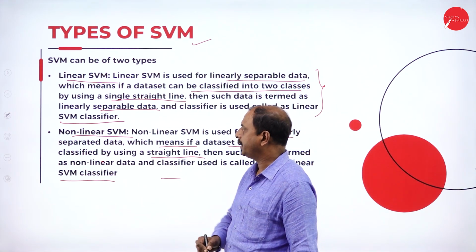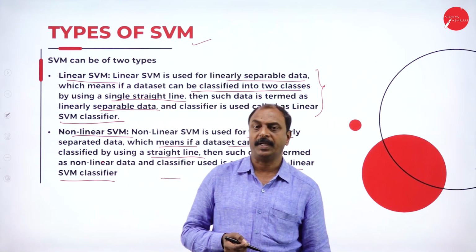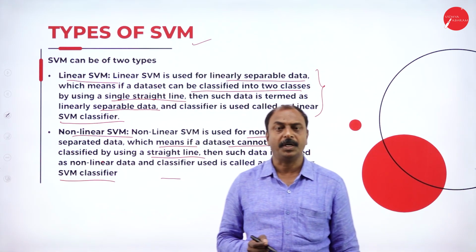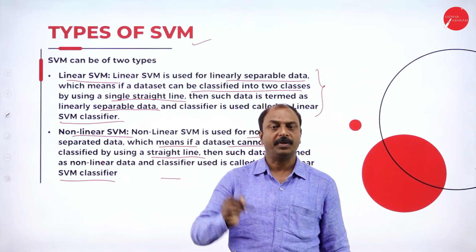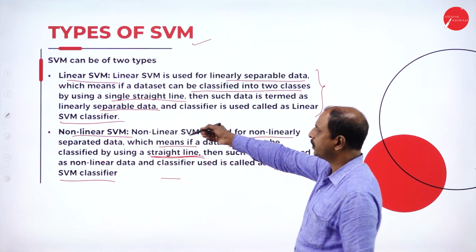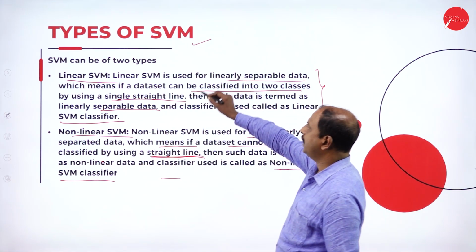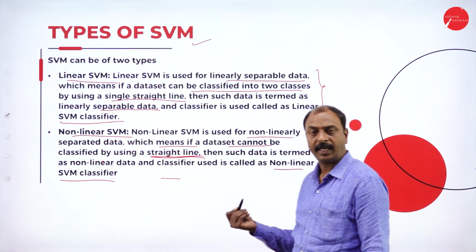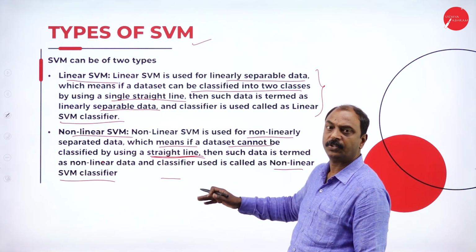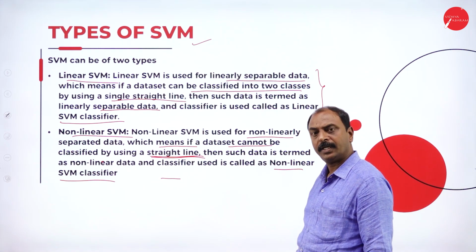So as per the definition, it is not possible to segregate the data with one straight line. Those types of data sets or SVM are called non-linear. In linear SVM, as we have seen in the previous slide's diagram, it is possible for us to separate two data sets into different classes. So this is the difference between linear and non-linear SVM.